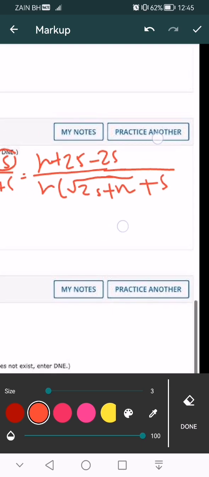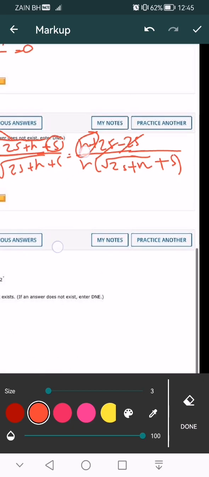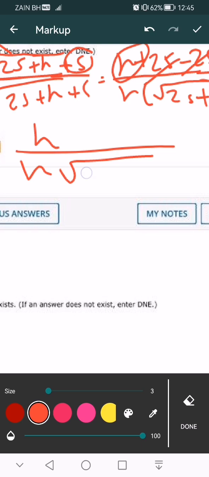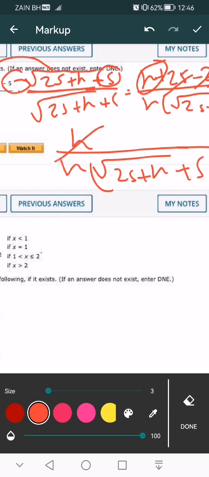Plus 5. Now when this one with this one will cancel, the remaining will be h, so h only, that will be h over h square root of 25 plus h plus 5. Out of bracket, I have to put it out of square root, I have to put it in the bracket, then this one with this one remaining go, and the remaining will be 1.